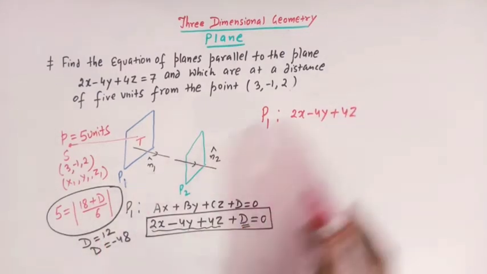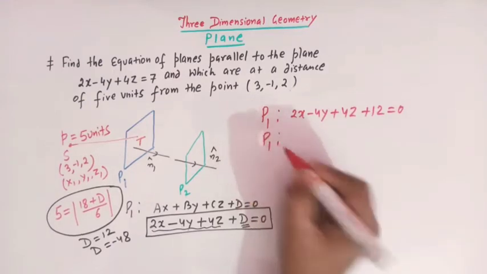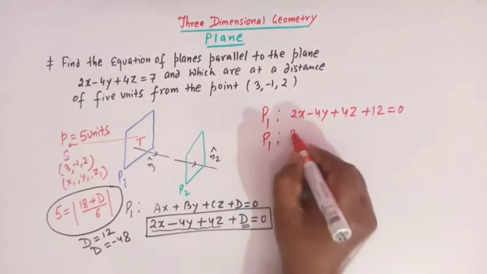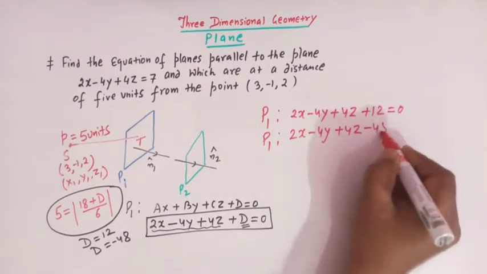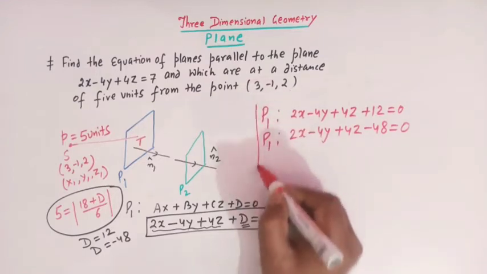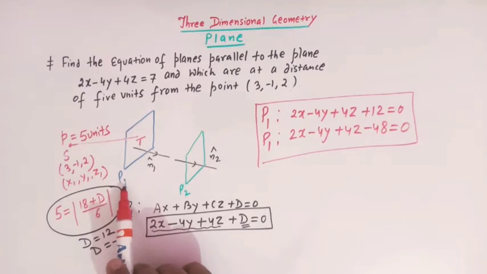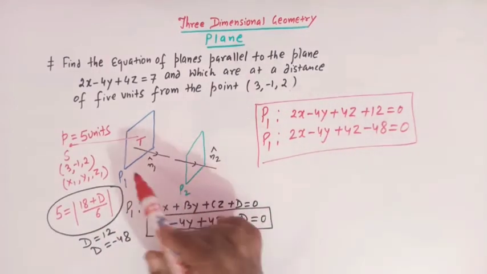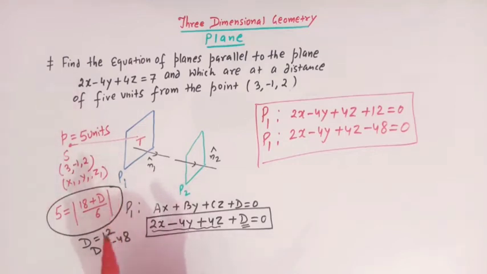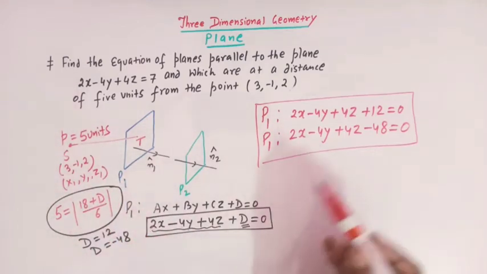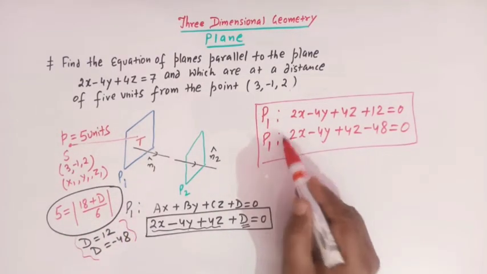So when d is 12, we have the equation as this, and when d is minus 48, the equation is 2x - 4y + 4z - 48 = 0, right? So we have two equations of this plane P1. It means there are two planes, right? Here we have considered only one plane P1 in the initial stage, but here we have got two values of d, hence there are two planes, right?